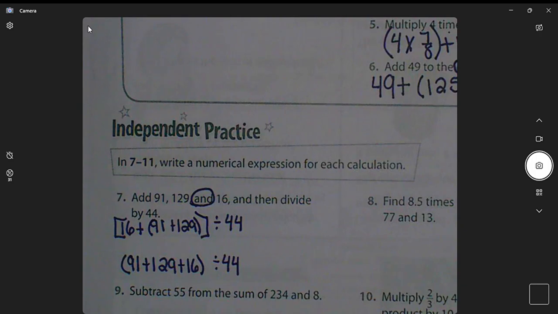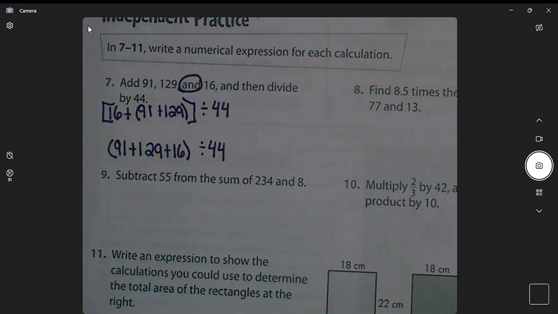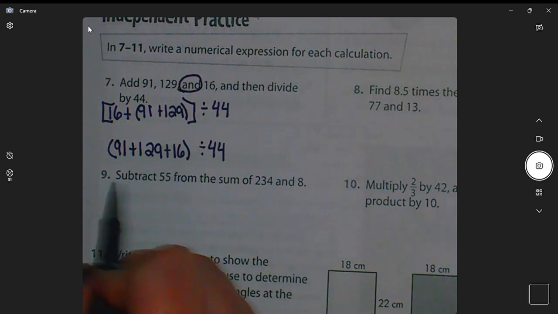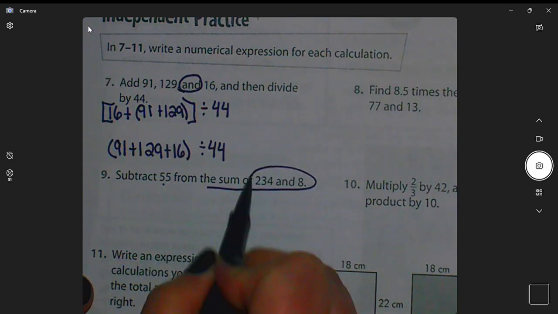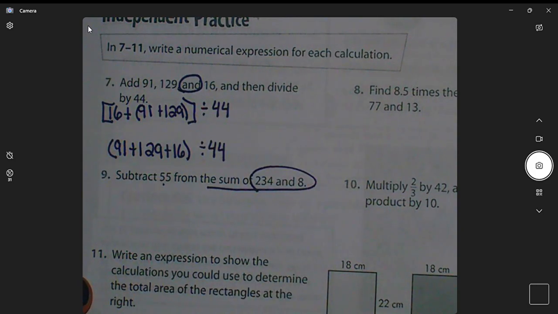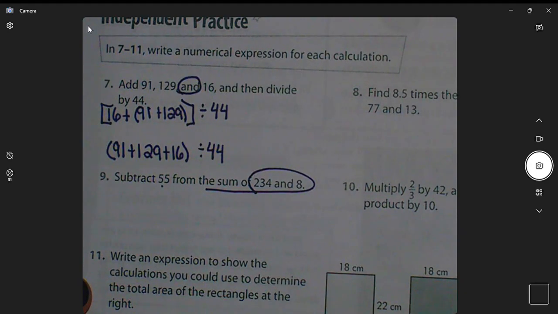Now this next one, I had a few students get really tripped up on because they didn't read the full problem correctly. Subtract 55 from the sum of 234 and 8. If I am adding those two and then subtracting, my subtraction has to come last. Number sense tells me my bigger number comes first. The greater number comes first.